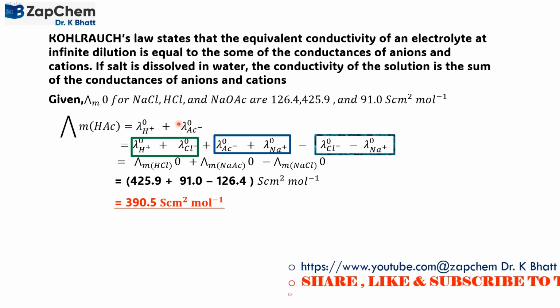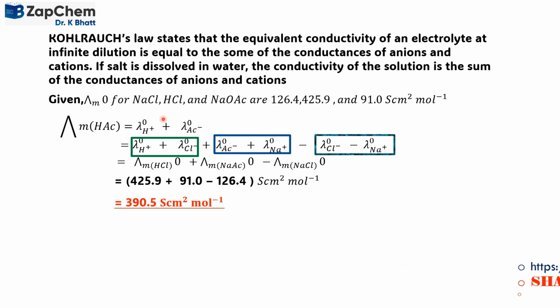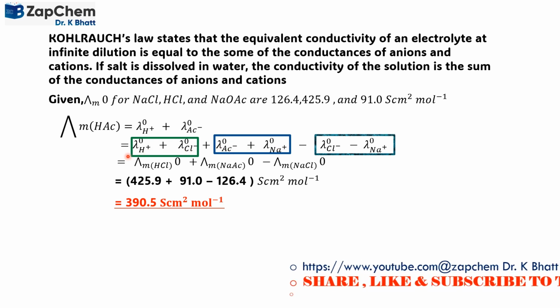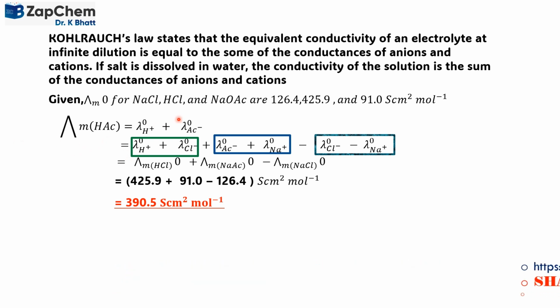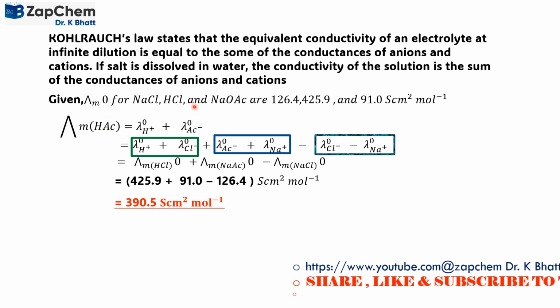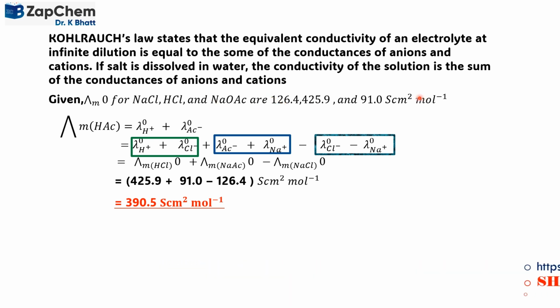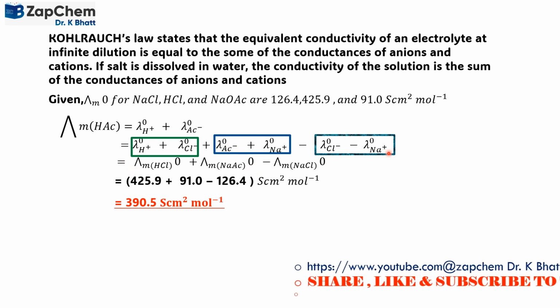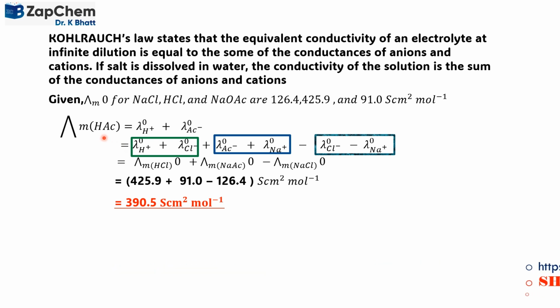And accordingly, we have to write the ionization of different ions here, and we need to consider how we can get this equation by adding the conductivities or subtracting the conductivities which are provided over here. Accordingly, you find that this would be the correct calculation so far as determining the conductivity of acetic acid is concerned.